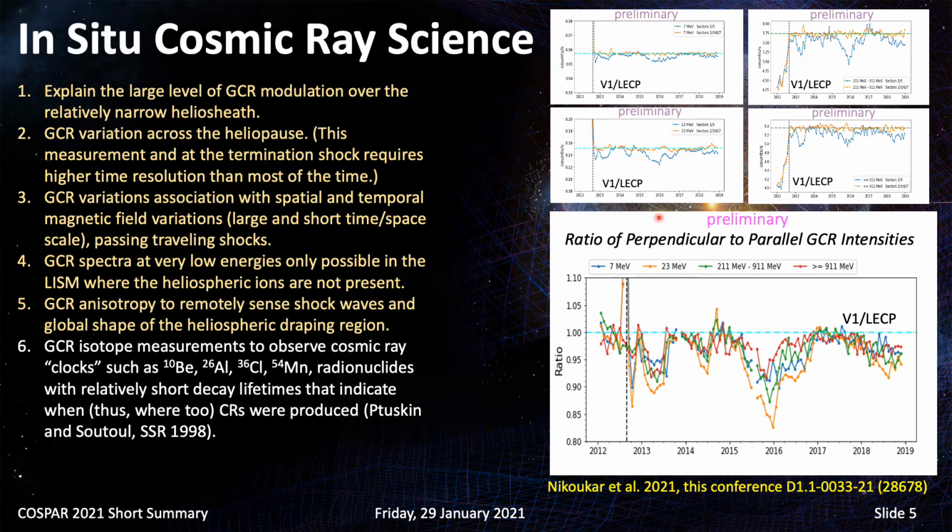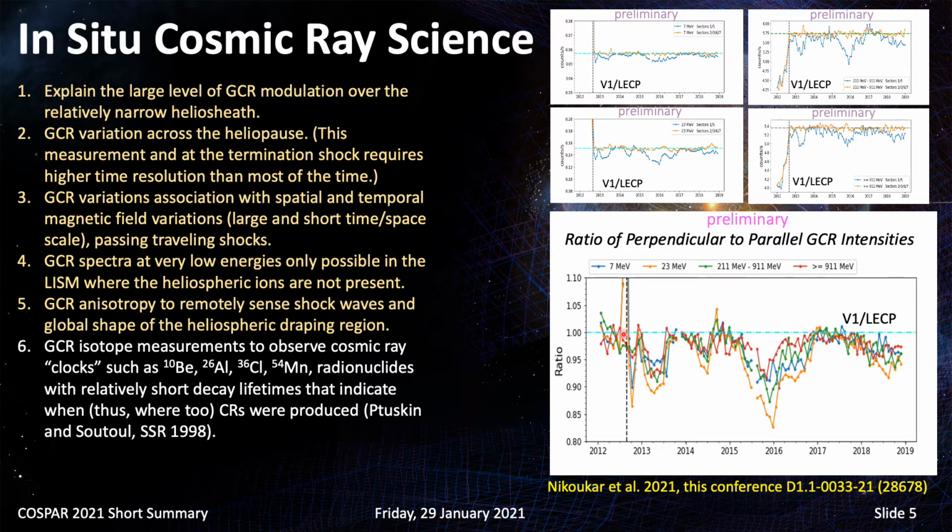And here, in a paper that's in development by Nikoukar et al., and also there's a talk in this conference, we're looking at lower energy galactic cosmic rays down to 7 MeV or so, and also breaking up the measurements into smaller energy bands so we can look for energy dependence.